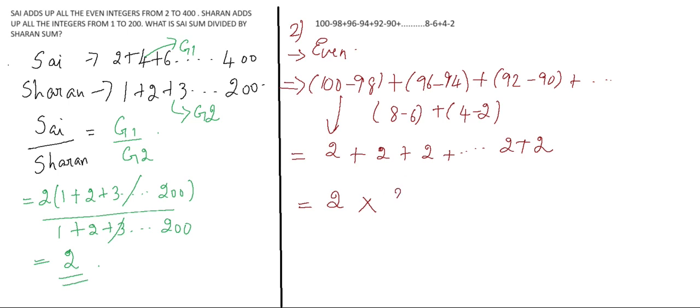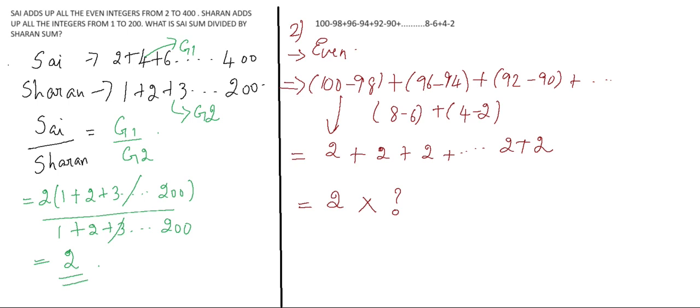Now a question arises: how many groups are present from 2 to 100? There are totally 50 numbers, and we are grouping them into 25 different pairs. Let us have clarity on how I am saying it is 50 numbers.